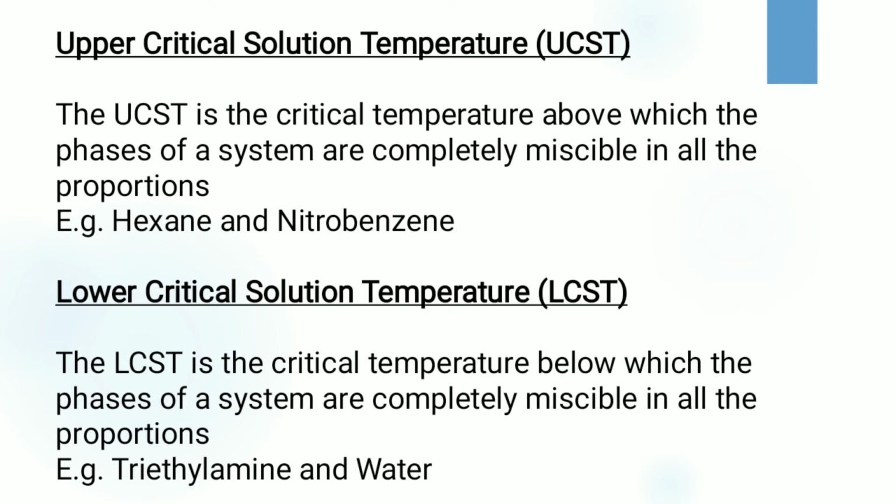Whereas LCST is the critical temperature below which the phases of the system are completely miscible in all proportions. An example is triethylamine and water. So UCST is above, and LCST is below the critical solution temperature.